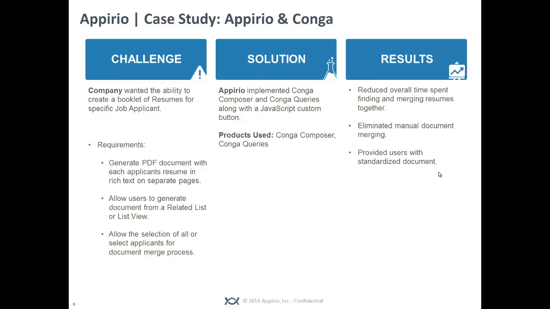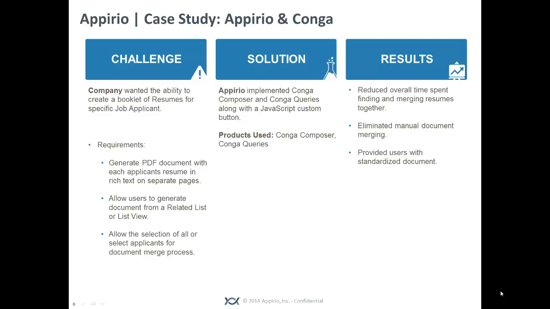We want to be able to put this information into Salesforce and then have some way to bring all those resumes into one document, with the ability to select specific people, select all of them, you name it. So we turned, of course, to Conga Composer and a little bit of Conga queries to make this happen.